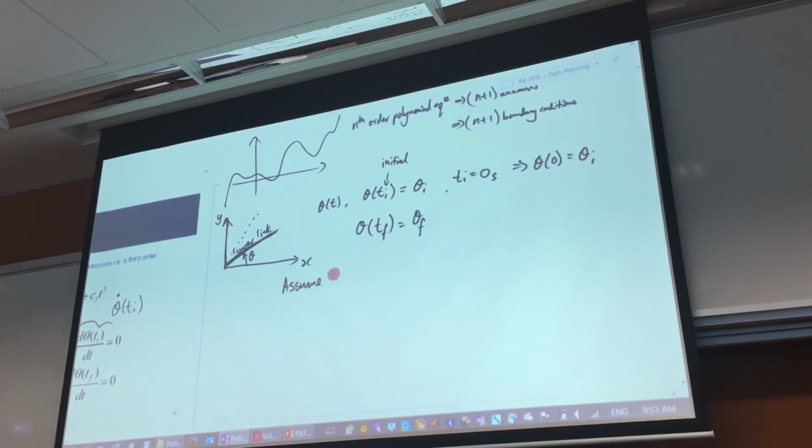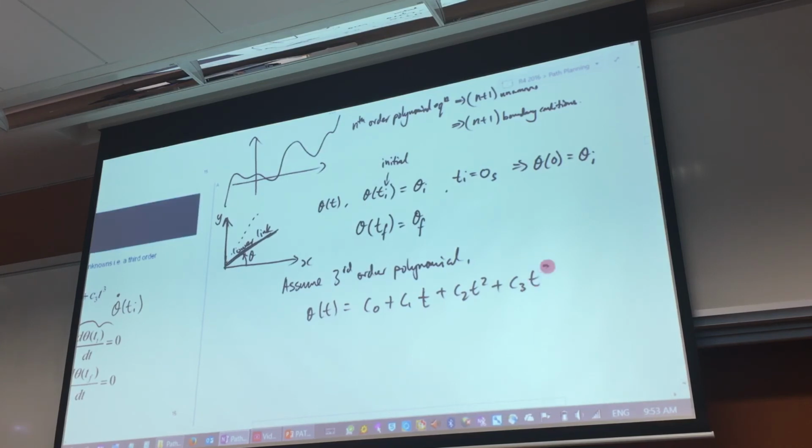So we can start by assuming a third order polynomial, where we have theta t equal to, I'm going to write it in this way, C0 plus C1 t plus C2 t squared plus C3 t to the power 3, third order polynomial.